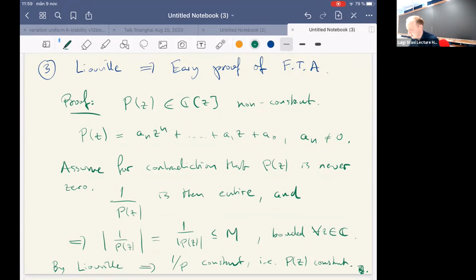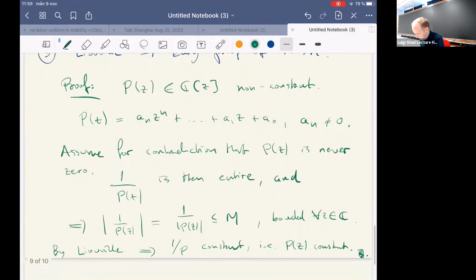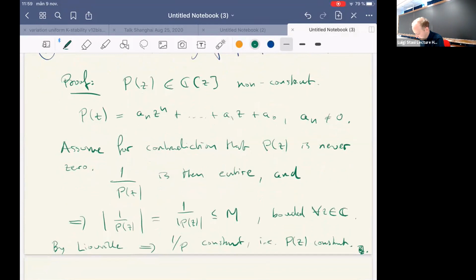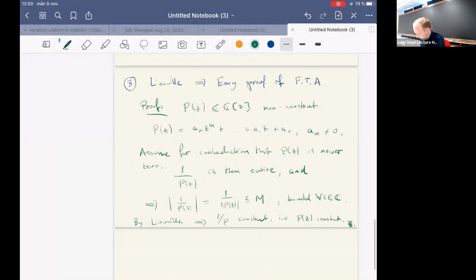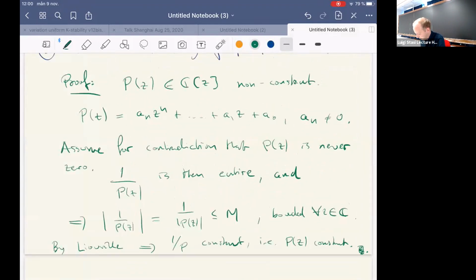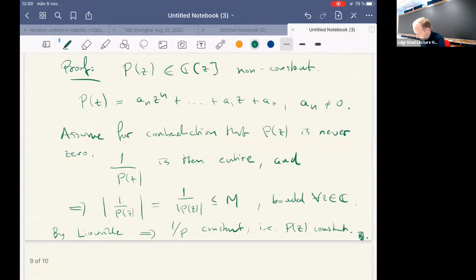I have a question. Why is 1 over P of z bounded? Yes, you're right. To see that 1 over P of z is bounded, you have to do some computation. Actually, what I should write is that this is a sort of claim.